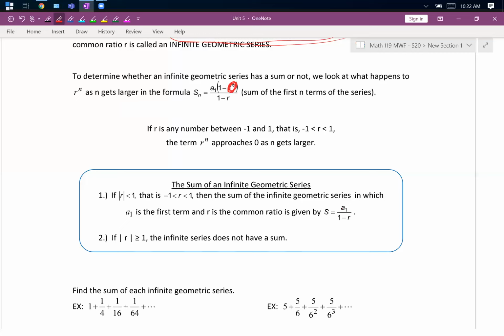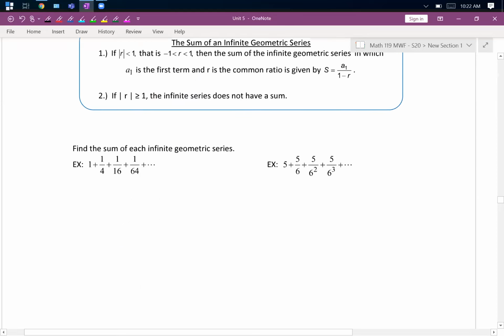All right, so let's find the sum of each infinite geometric series if it exists. So the first thing you want to do is find your r value because that's going to tell us whether this infinite sum even exists or not. So a sub 1 is going to be 1, but we definitely need our r value. And to get our r value, you take your second term and you divide it by your first term.